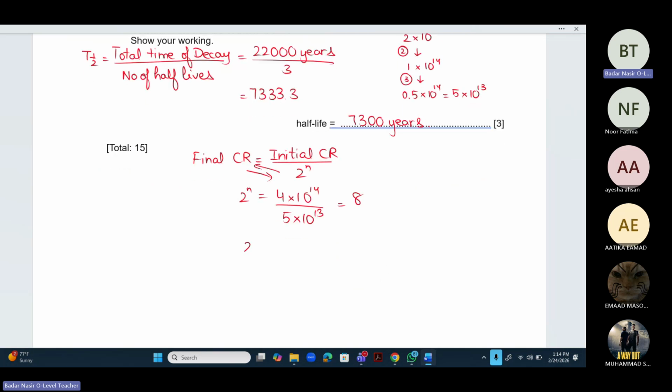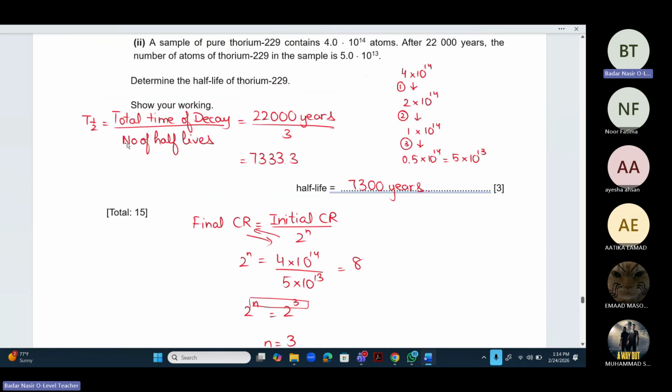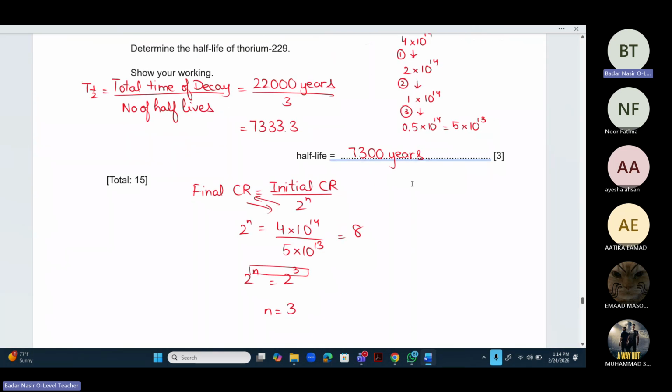Now 8 can be written as 2 to the power 3. So the number of half-lives passed is 3. Okay. So if they ask to find the half-life, then you use this formula again and you'll get the final answer. So it's totally your choice which way you're willing to do this question.